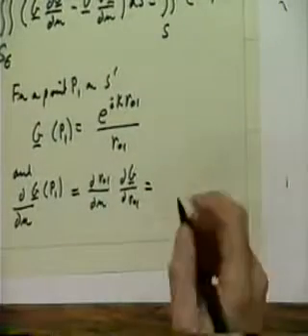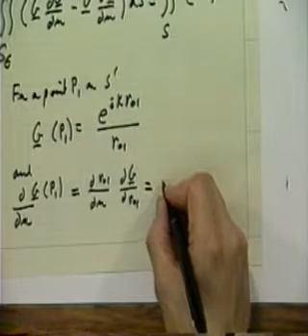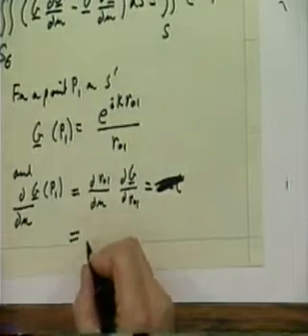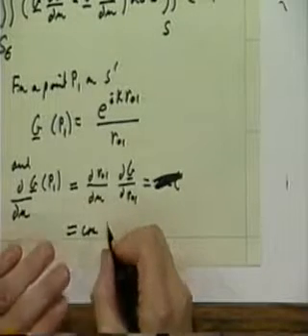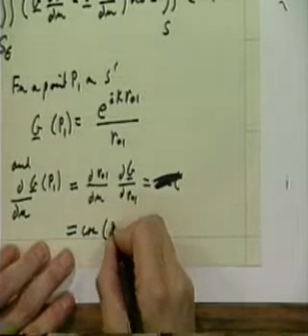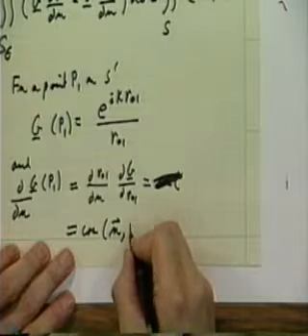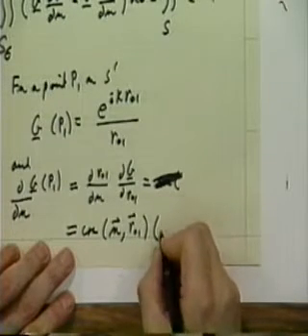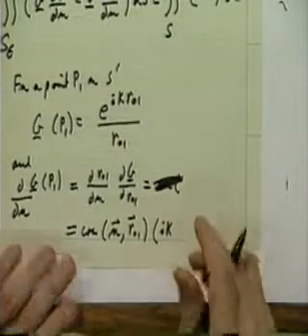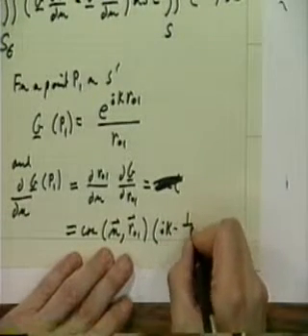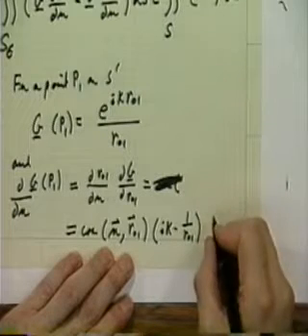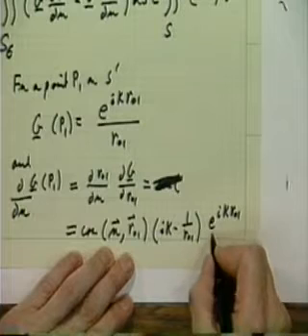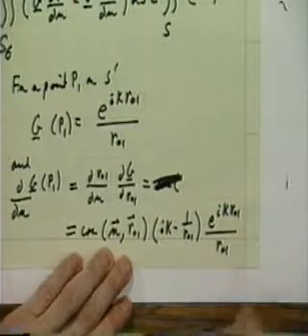And so that's equal to the cosine, and I'm going to run out of space here, so come down here, cosine of the angle between n and R01 times ik minus 1 over R01 e to the ik R01 over R01.